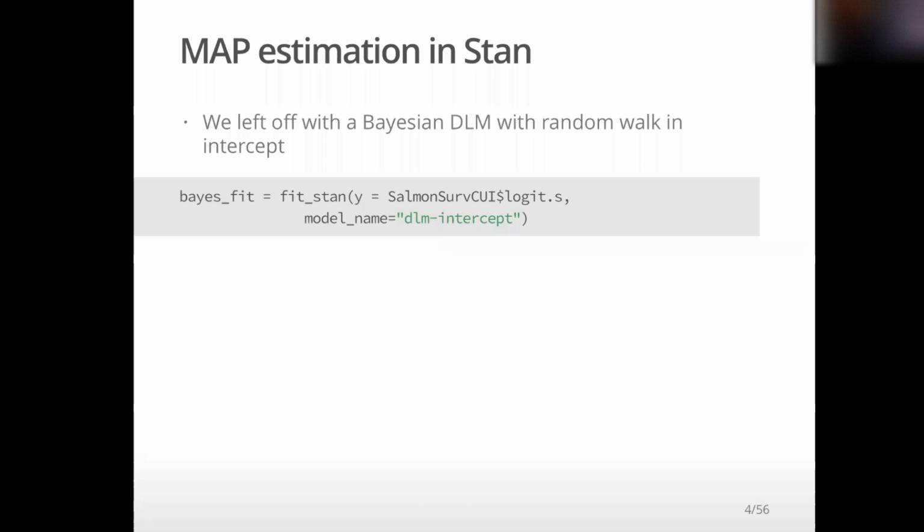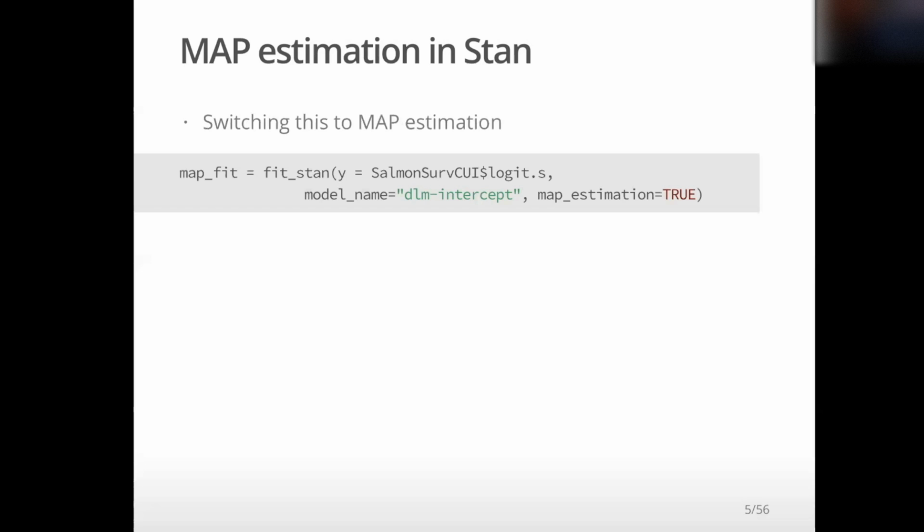And this is essentially the syntax for fitting a DLM using that package, where we just specify the name of the model and the data. But if we want to do the MAP estimation instead of the MCMC, I've just put a flag in there, and all the flag does is, if the MAP estimation is set to true, it'll generate that maximum posterior estimate. If it's set to false, it'll do MCMC.